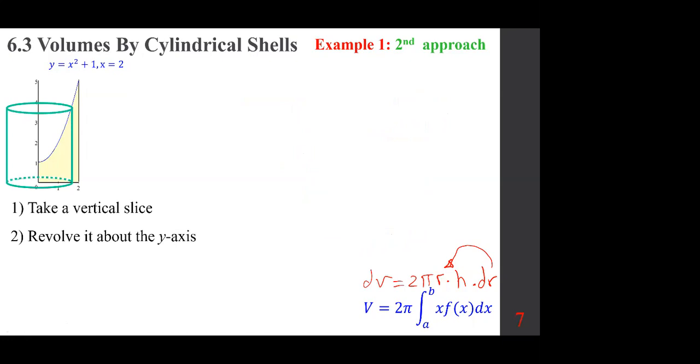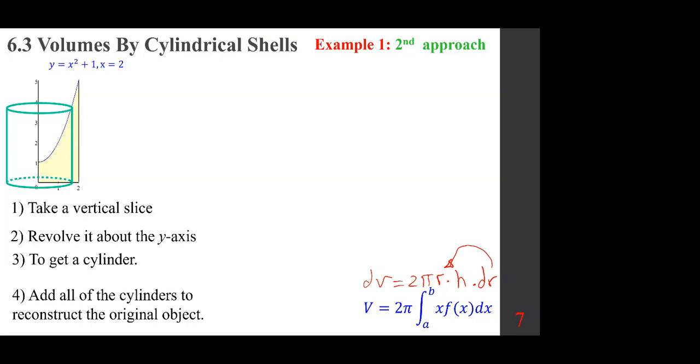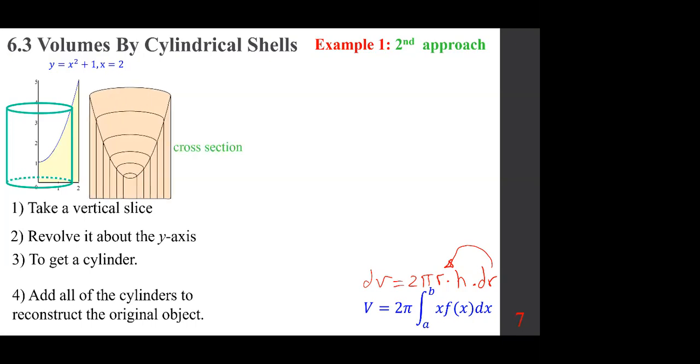It creates a hollow cylindrical shape. Okay. Now imagine you pick another vertical slice. It creates another hollow cylindrical shape, so on and so forth. So if you do it infinitely many times and add them up, it becomes the volume. Okay, so add all of the cylinders to reconstruct the original object.